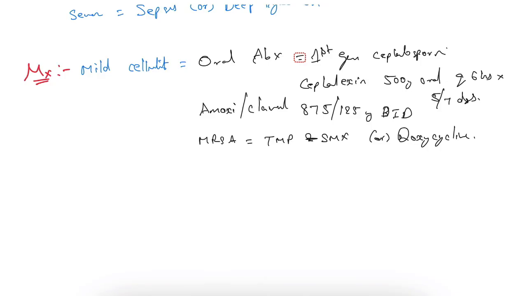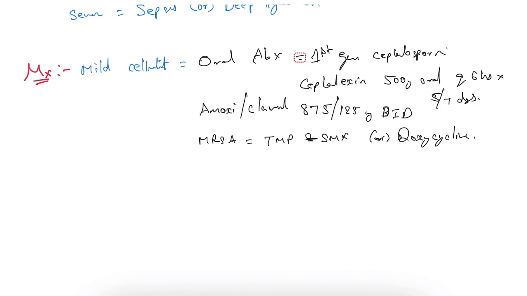Along with that, you can divide this management into two types: non-purulent cellulitis and purulent cellulitis. In non-purulent cellulitis, the main organisms are Streptococcus pyogenes and group A Streptococcus, so we go with oral antibiotics, that is first generation cephalosporins, along with penicillins like dicloxacillin and penicillin, and in severe cases clindamycin. For purulent cellulitis, the main thing is incision and drainage.